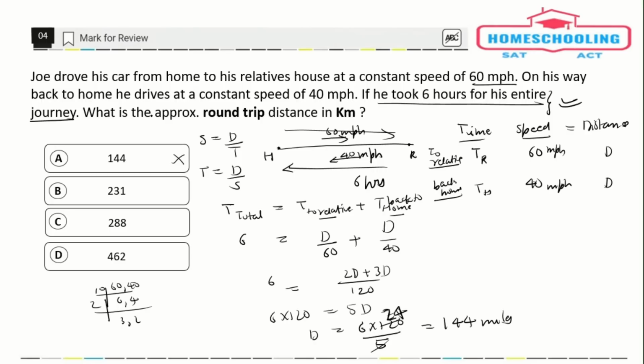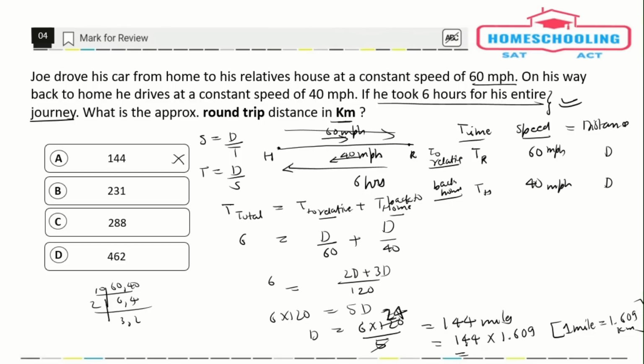Now many of you will choose this option, but this is not your option, because in the question it is said that what is the distance in kilometers. So this is in miles. Miles can be converted into kilometers. So 144 into 1.609, because as we know 1 mile is equal to 1.609 kilometers.